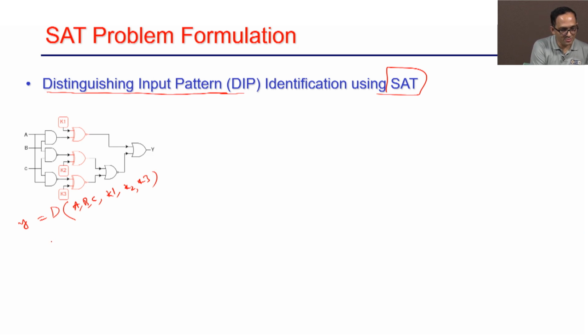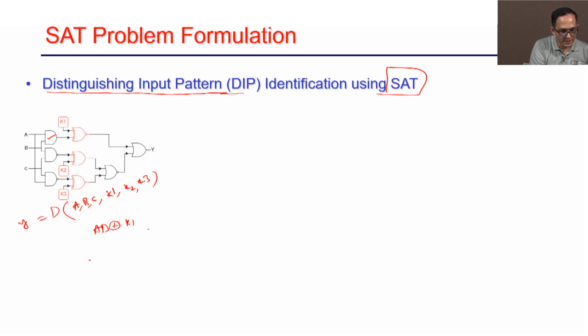Starting with this adder, the part is AB, and then this is doing XOR with K1.